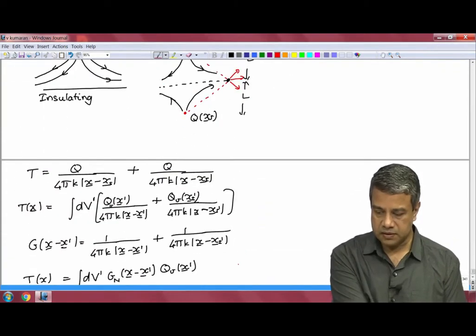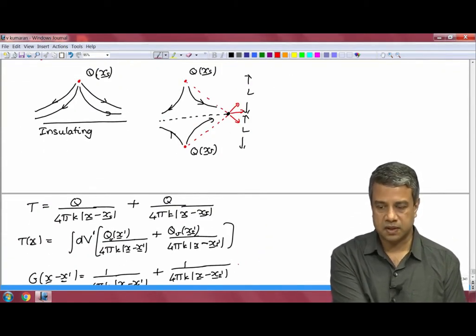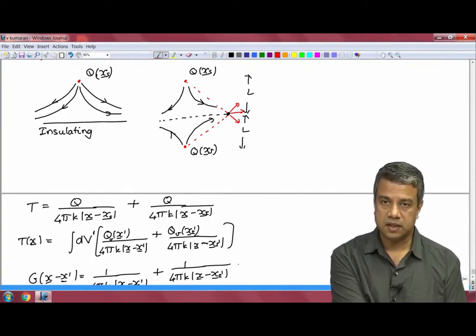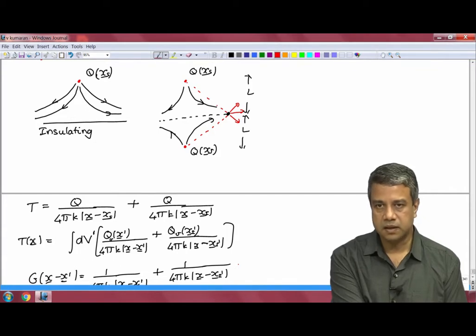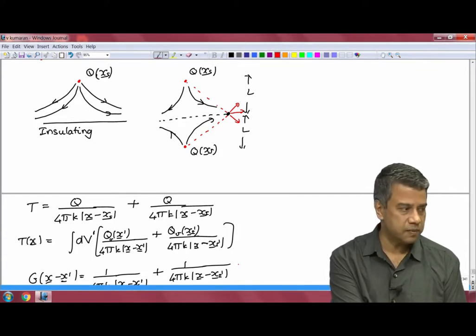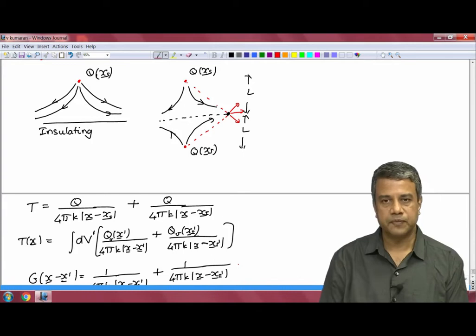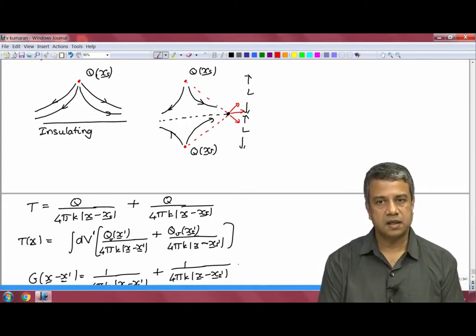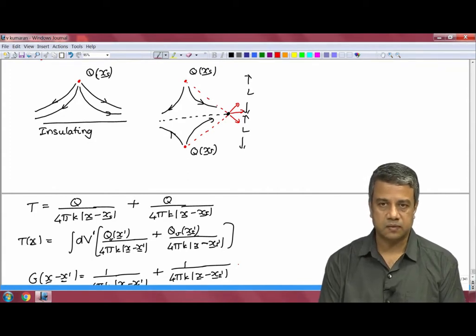Similarly, if you had an insulating surface, I said that you can put a positive source at a location that is on the same vertical line below the surface, outside of the physical domain. The effect of that will reproduce the effect of the boundary on the flux lines in the physical domain, which is that the flux lines go parallel to the surface at the insulating wall, because if it is insulating, there can be no flux going perpendicular to the wall into the wall.